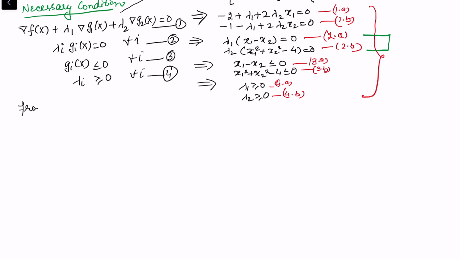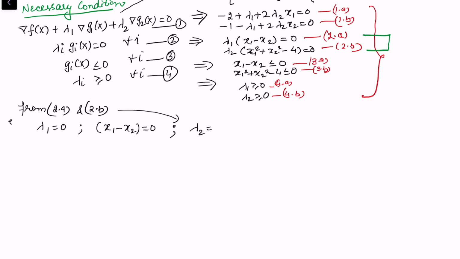From 2.A this gives us the possibility of either lambda 1 equal to 0, or we put x1 minus x2 equal to 0. From 2.B we have a similar condition: either lambda 2 equal to 0 or x1 square plus x2 square minus 4 equal to 0.